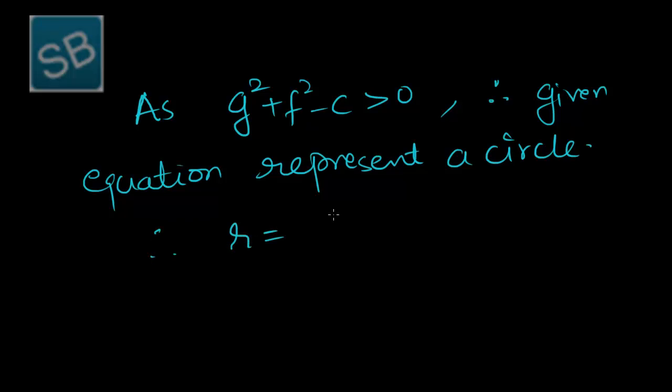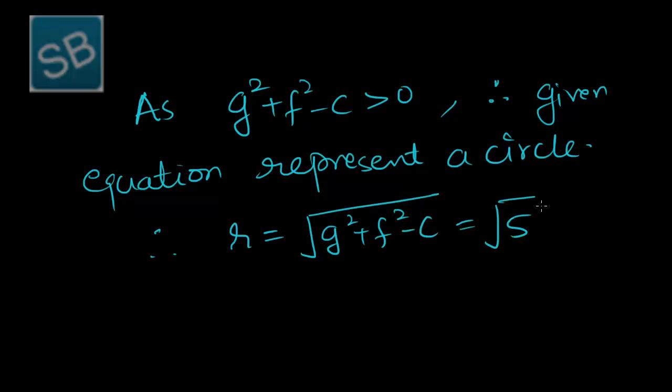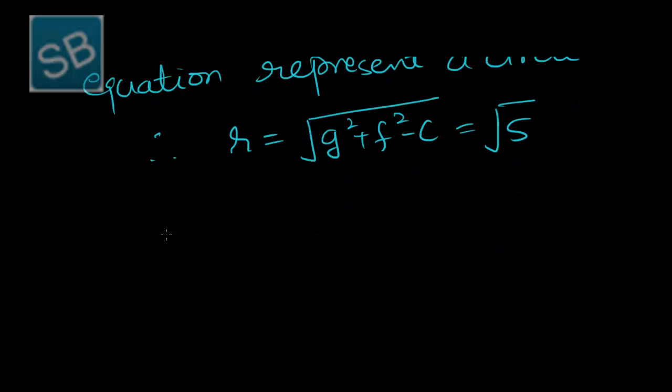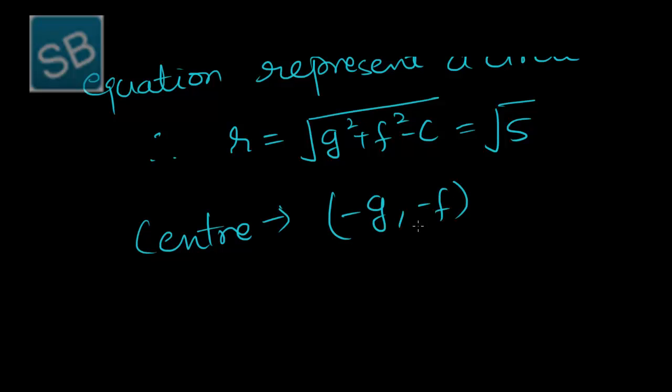Therefore the radius is equal to under root G square plus F square minus C, that is under root 5, and the center is minus G, minus F, that is minus 3, 4.